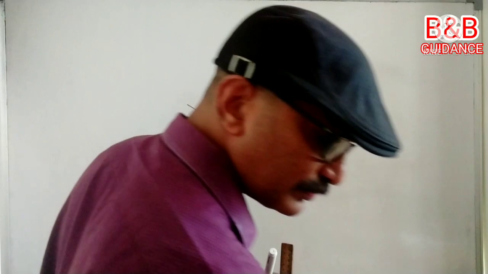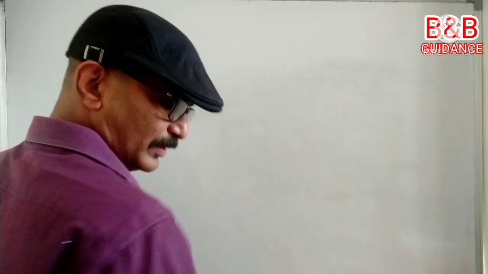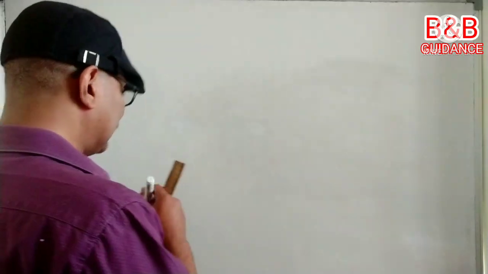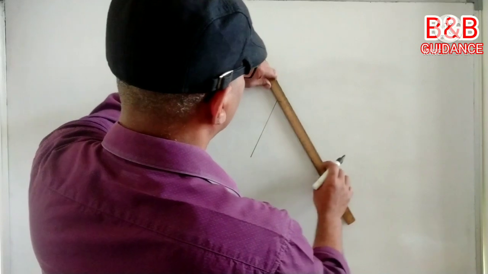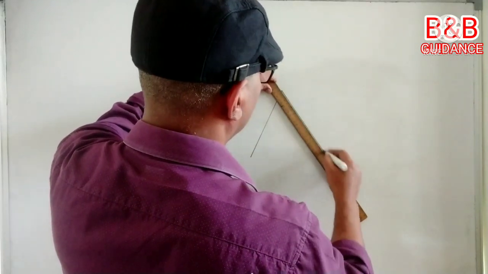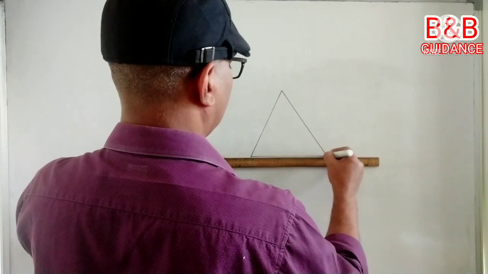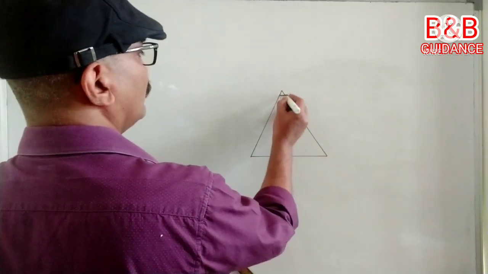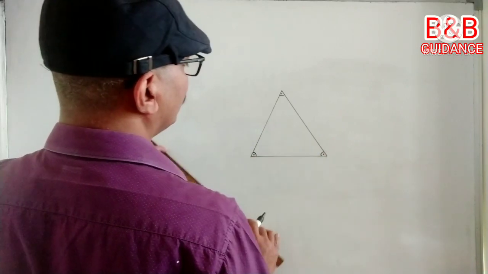So one more question. Again regarding this equiangular prism only. Here another equiangular prism. The points are equal. That means you understand this is 60 degree.